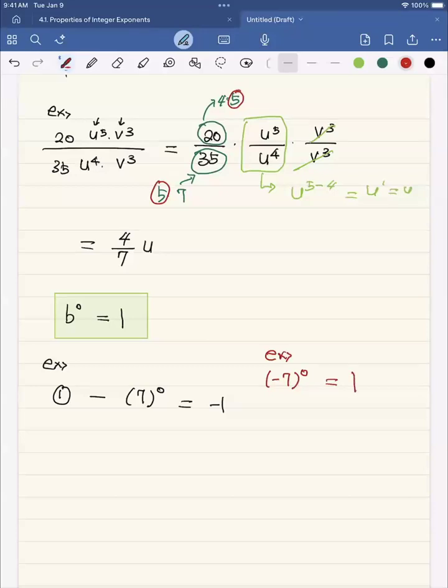So it is 1. But when we write like this, minus 1, indeed this one is minus 1 times 7 to the 0th power. So minus 1 times this part will become 1, so we end up getting negative 1.